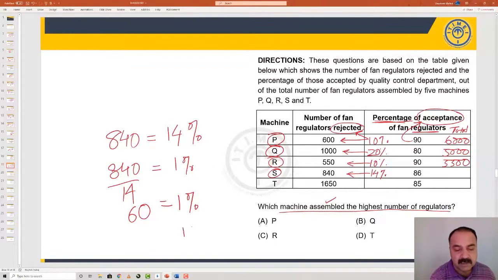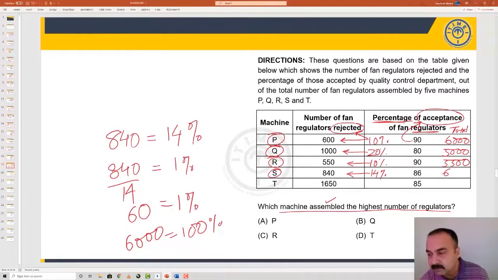If 1% is 60, therefore 100%, the total it must have assembled, is 6000. This is what we were saying verbally when we were solving it.